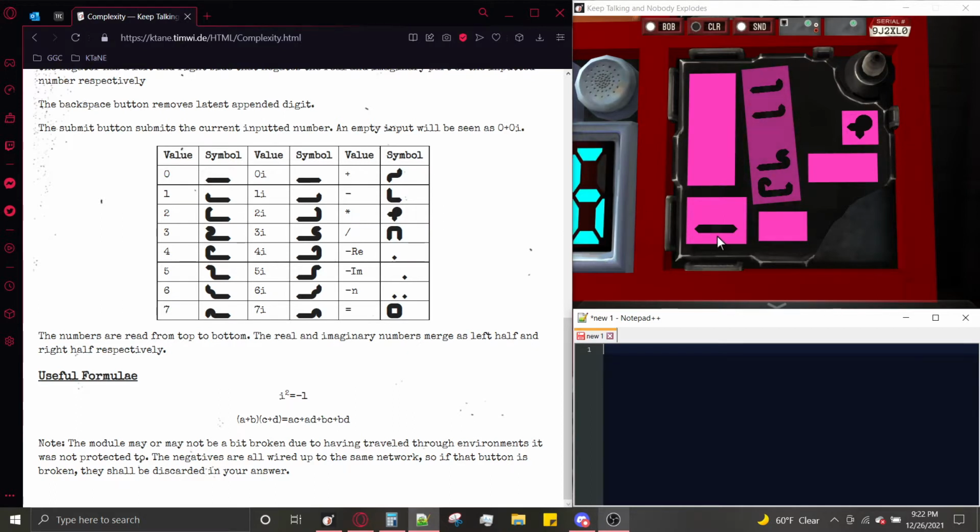So the left could be interpreted as, say, 6, 4, and the right could be interpreted as 3, 4. And because it's on the right side, it automatically has an i appended to it, as you see in the value column.